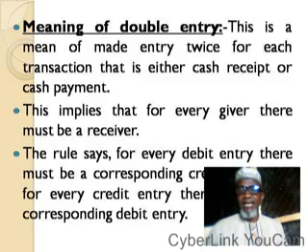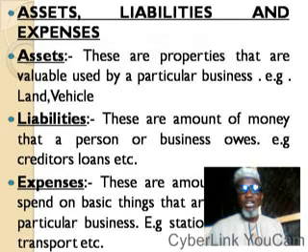The next thing is to know the implication of those transactions that are to be treated under the double entry system. The first thing we are going to treat here is assets.